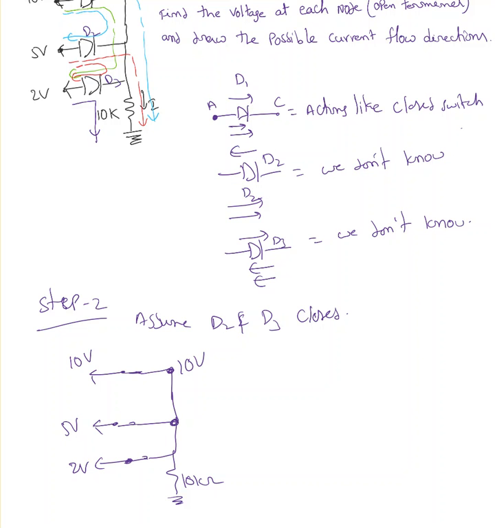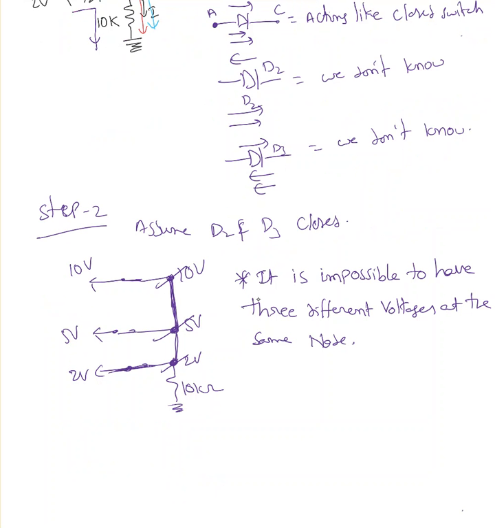At this node? 5 volt. At this node? 2 volt. Are there any resistances in between? No. This node, this node, this node, everything is the same node because there is no element here. And you are saying at the same node you have different voltages, which is not true. It is impossible to have 3 different voltages at the same node. So for sure our assumption is wrong.